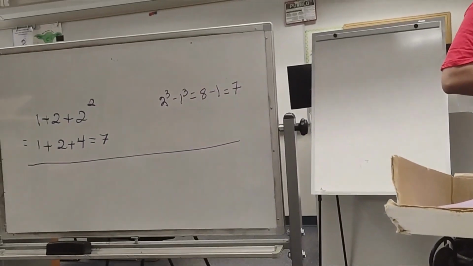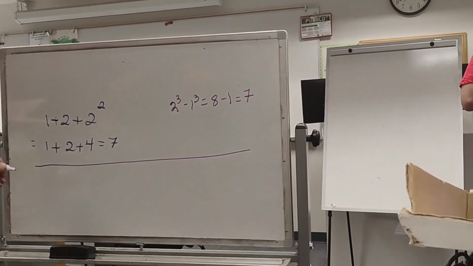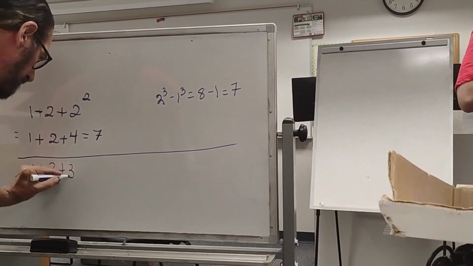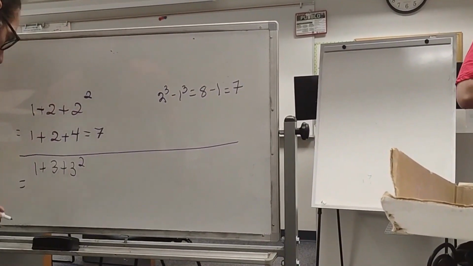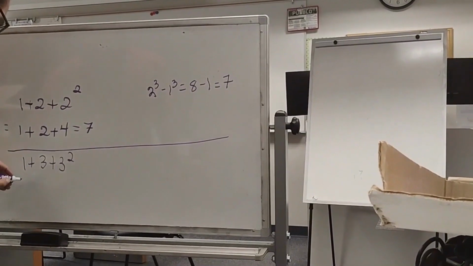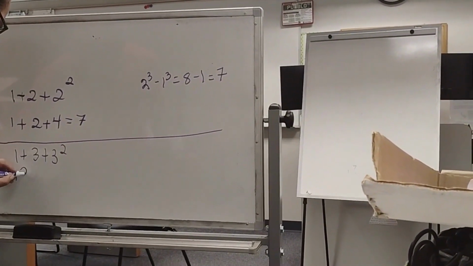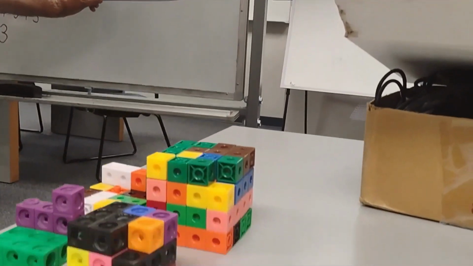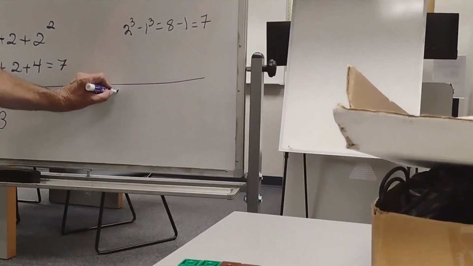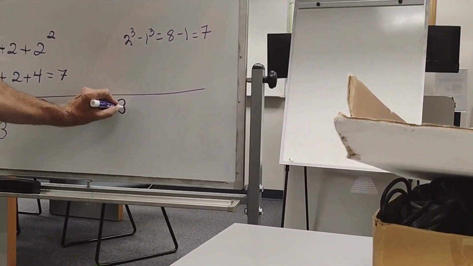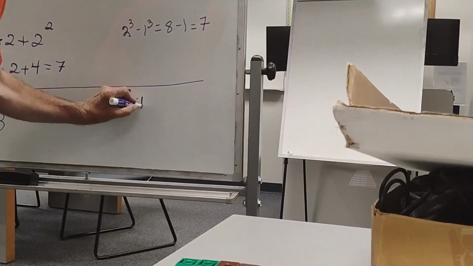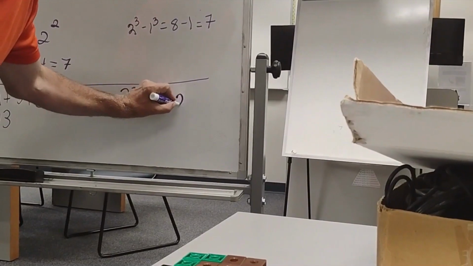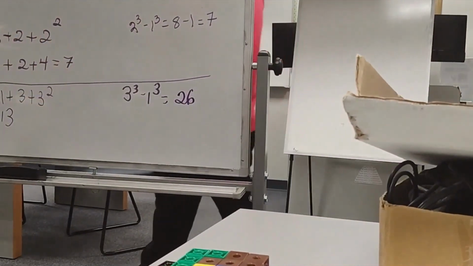So 26. So here we had 1 plus 3 plus 9 for a total of 13, right? And the 27, express that using a power. 3 cubed. So 3 cubed minus 1 cubed is going to give us 27 minus 1, which is 26.